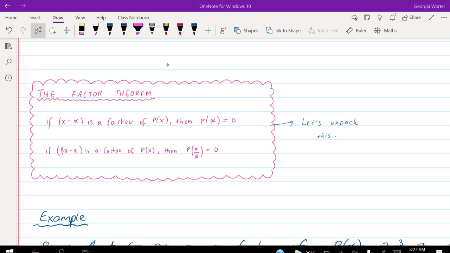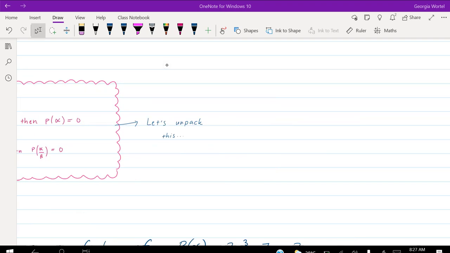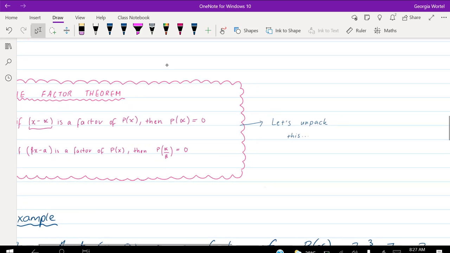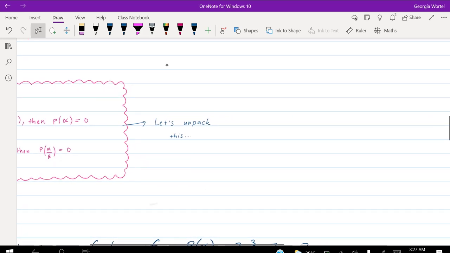The factor theorem states, if x minus alpha is a factor of our polynomial p of x, then p of alpha must equal 0. Let's unpack this a little bit. If x minus alpha is a factor of p of x, then p of alpha must equal 0.